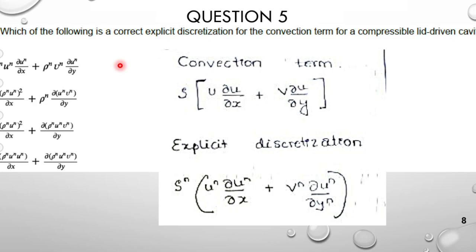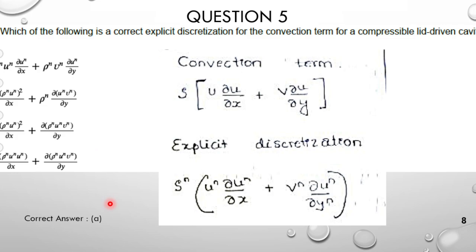Because similarly, in incompressible flows also, I have usually seen that people try to bring in dou by dou x of u square plus dou by dou y of uv. So for compressible flows also, we can do that kind of thing. Okay, so both answers A and D should be correct for this question.